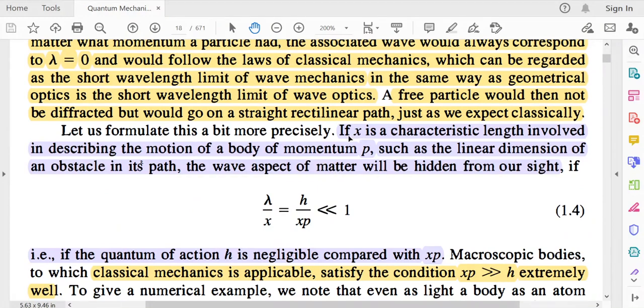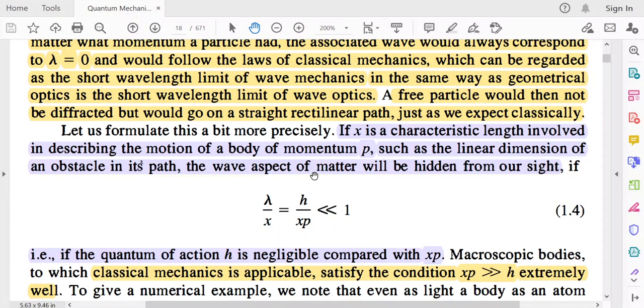Suppose x is a characteristic length involved in describing the motion of a body of momentum p, such as the linear dimension of an obstacle in its path. Suppose in the path of a light there is some obstacle. So what is the dimension of the obstacle? That is x.